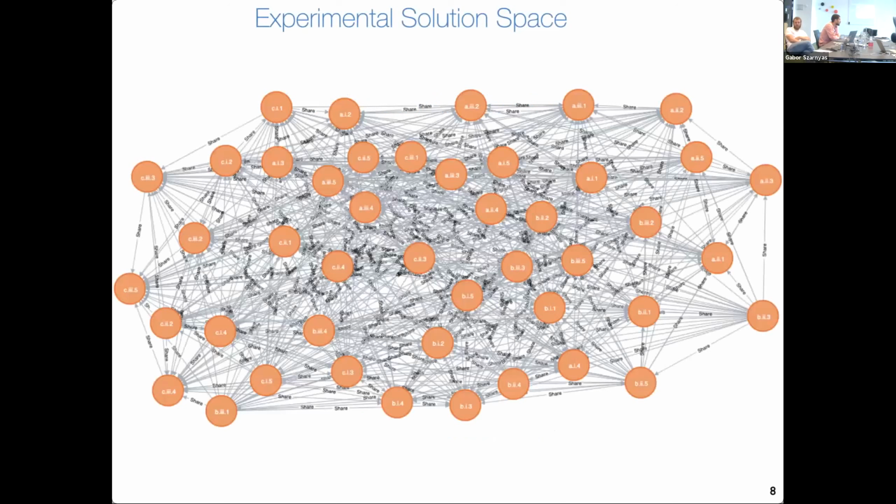And since we are talking about graphs, if we represent these configuration combinations as a graph, we have this complex solution space, where a lot of attributes are shared among these configuration combinations. For example, here the one at the top left shares the schema with another one, because they share the same schema, right?